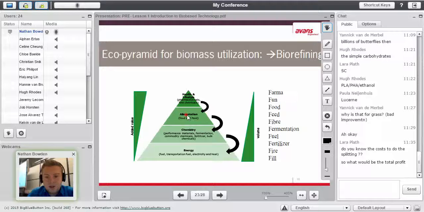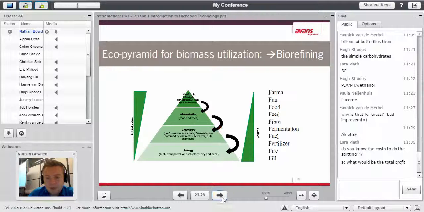So alimentation, food and feed, even has a higher value. This could be amino acids, proteins, sugars also, salts, and on the top is pharmaceuticals and fine chemicals, like vinyl and chemical and medicine.